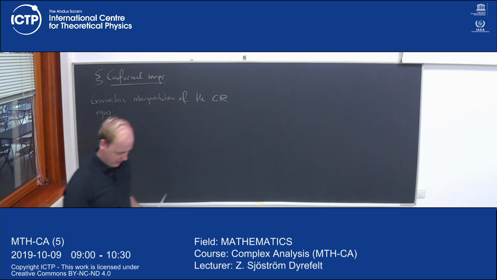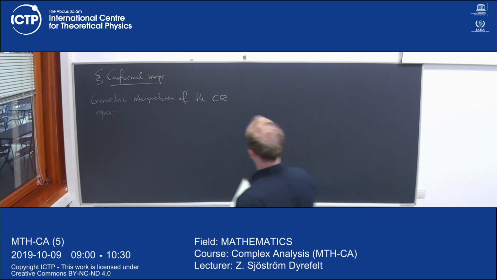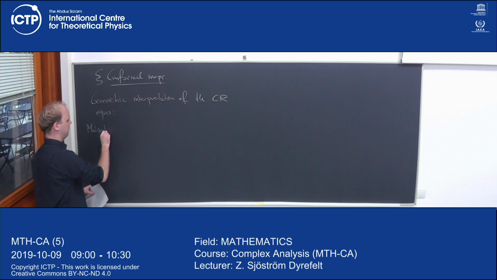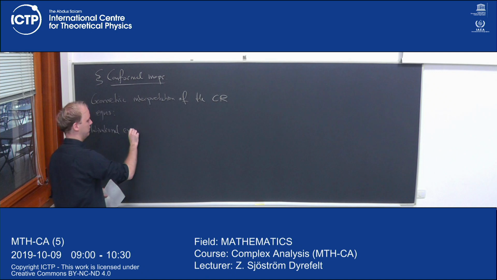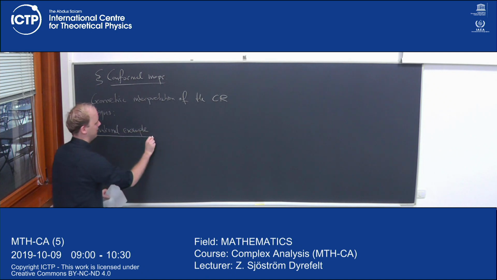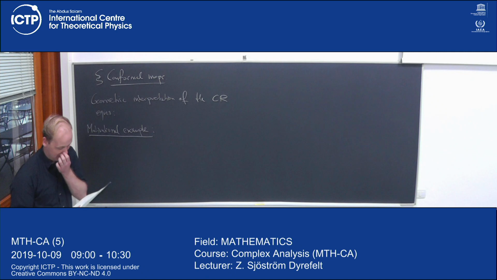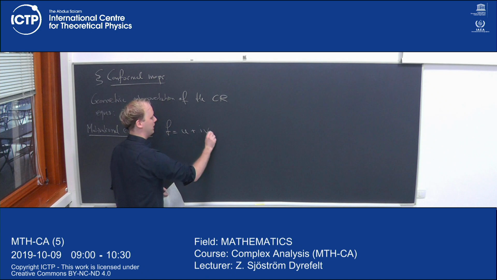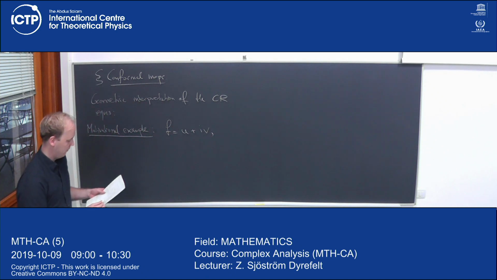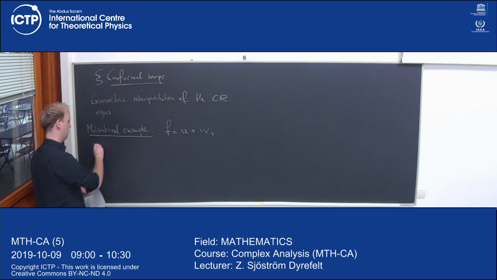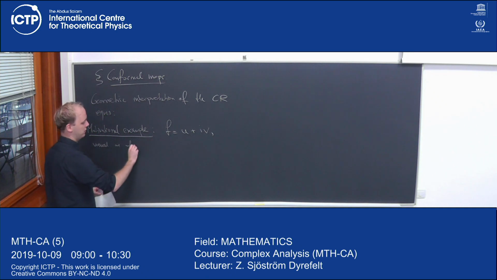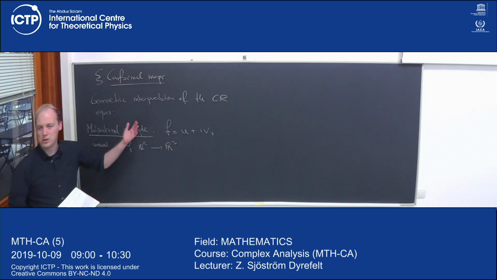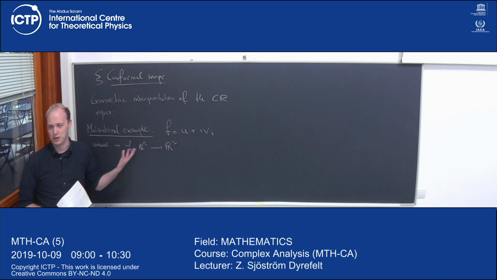I want to start with a motivational example, which is a kind of nice remark. Let's say that f is a function u plus iv, and we view it as a function from R2 to R2, because of course, topologically, we can identify C with R2.